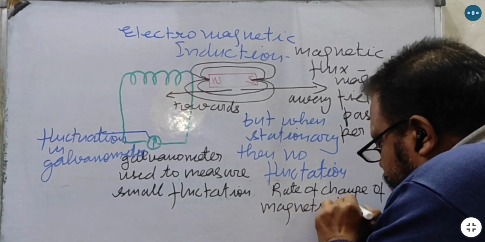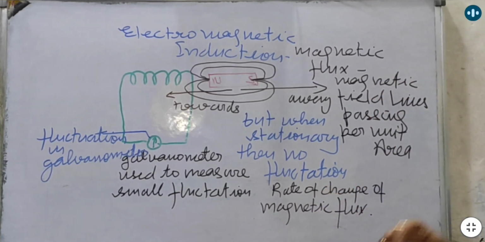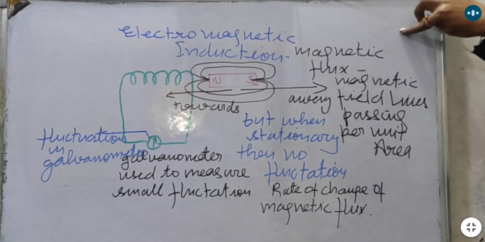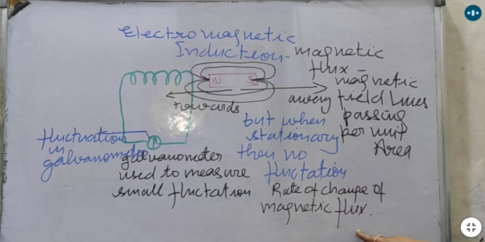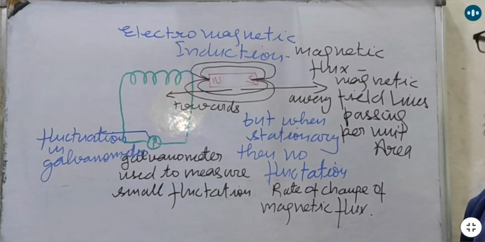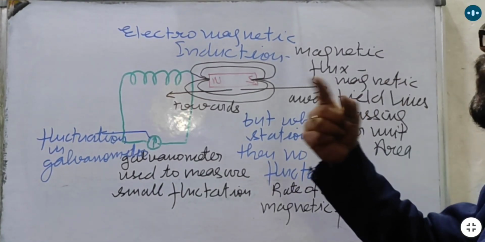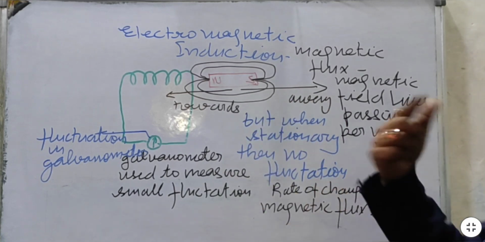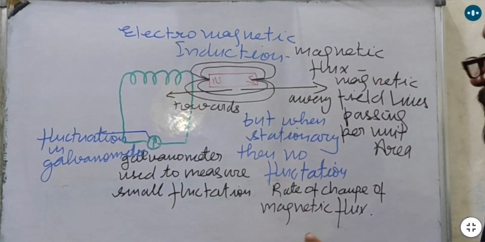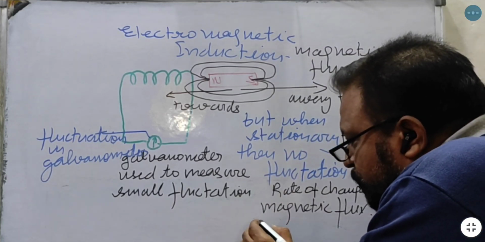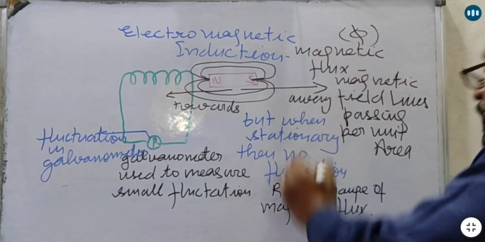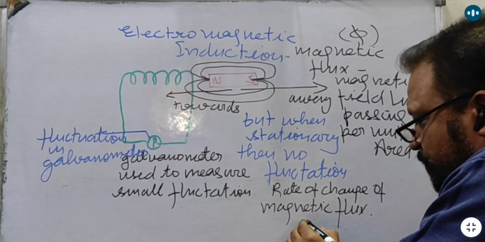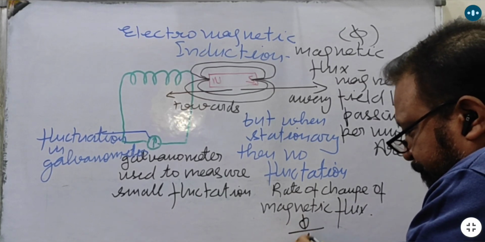One thing is magnetic flux, which is magnetic field lines passing per unit area. Rate of change of magnetic flux means the number of magnetic field lines passing per unit area per second. So there must be change in magnetic field lines passing per unit area per second. For magnetic flux we are using phi, right? And for rate of change of magnetic flux we will use phi by t, right?